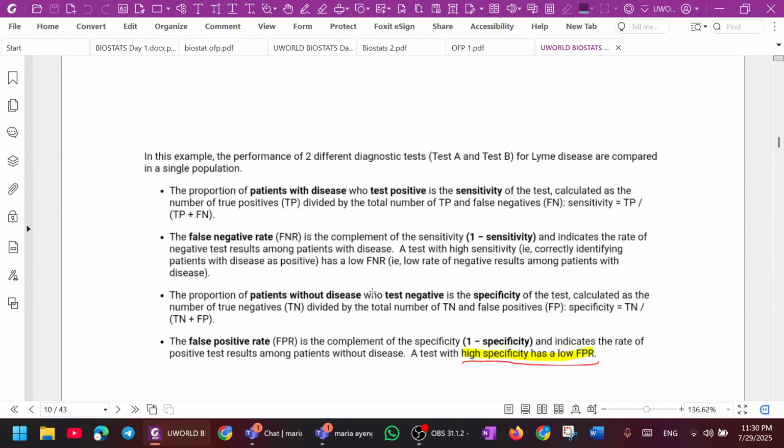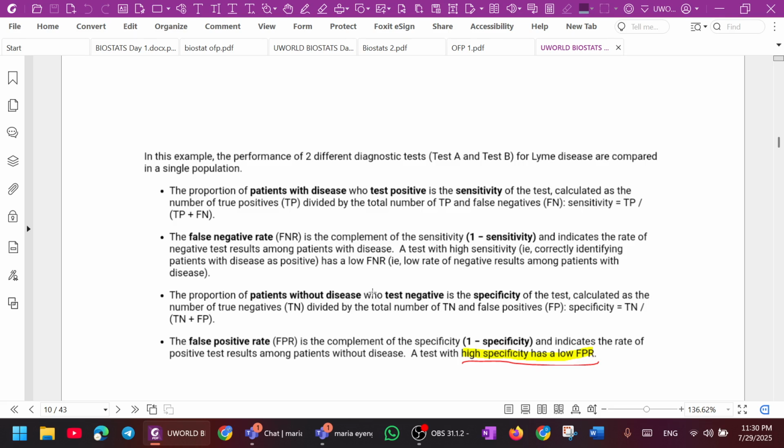In this example, the performance of two different diagnostic tests, test A and test B, for Lyme disease are compared in a single population. The proportion of patients with disease who test positive is the sensitivity of the test.